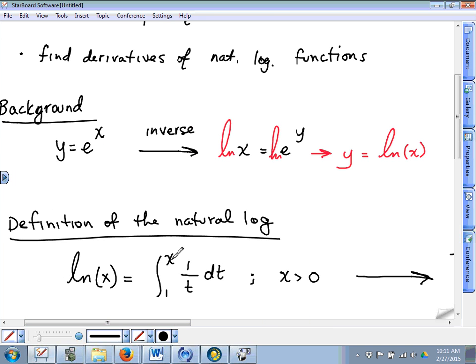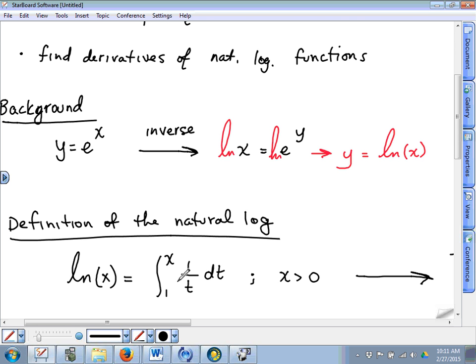Isn't that what this is? The integral of 1 over t dt? Didn't we just try to take the integral of that? It wasn't possible using traditional integration techniques. That's how the natural logarithm has been defined so that this integral becomes possible. That's all that means.